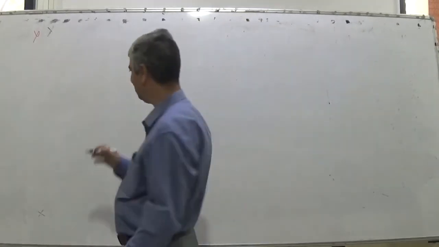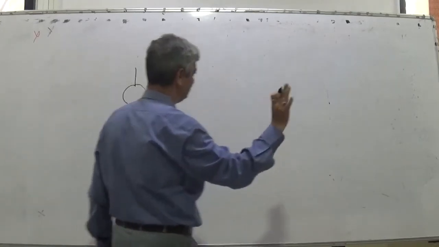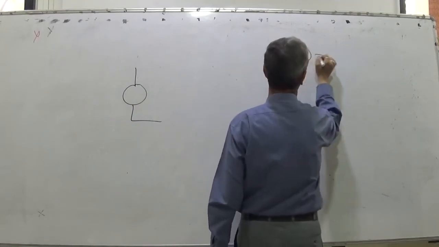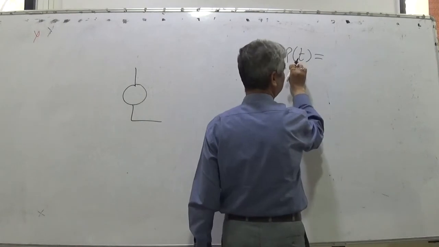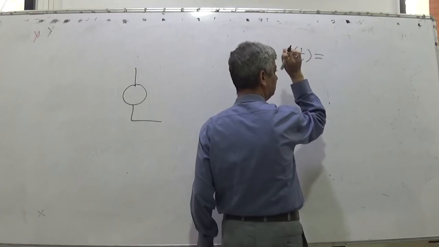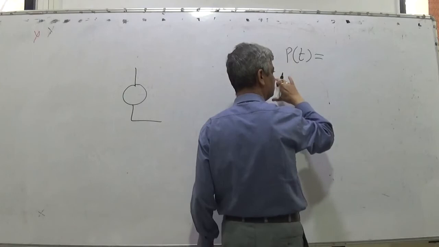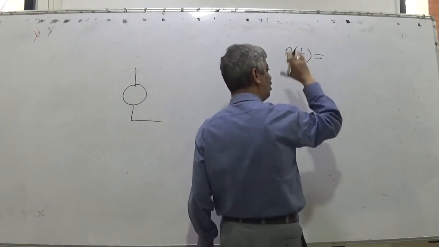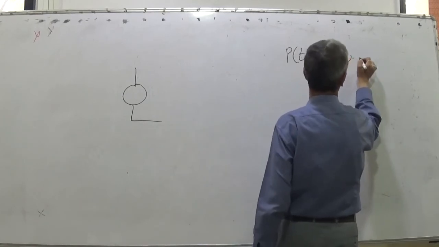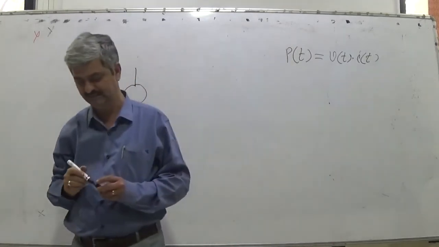So if I apply AC, what is power? Power p(t), that is the instantaneous power dissipated in any electrical element, impedance, resistance, capacitance, inductance, or across any two electrical points, is the voltage across them into the current through them, v(t) into i(t).